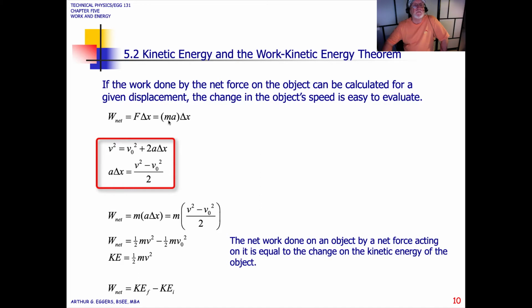So now we have mass times acceleration times the distance. So if we go back and choose one of our relationships that has something in it that looks like this, mass times acceleration times the distance, you can see over here 2 times acceleration times the distance is exactly a term that we could use for a substitution.